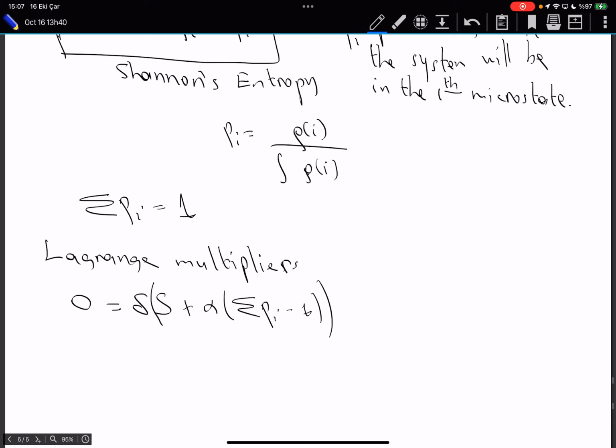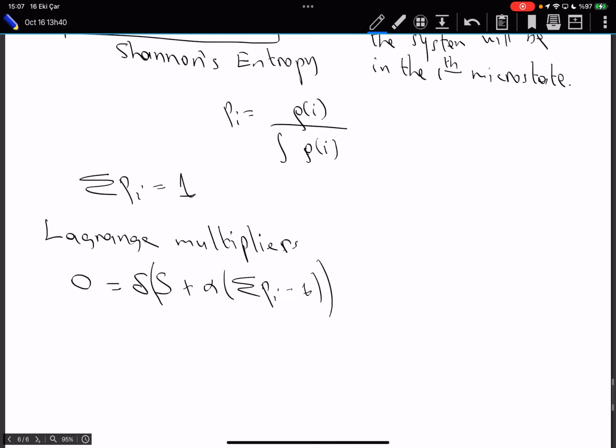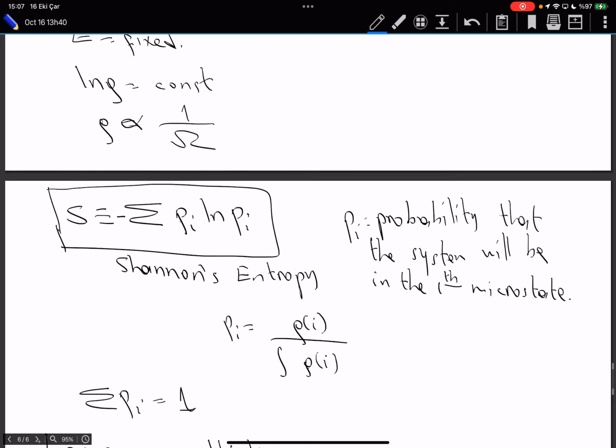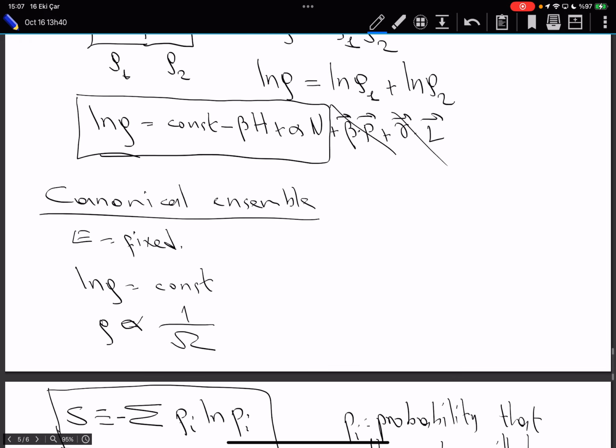Basically, I'm adding one more degree of freedom to my problem, so that my variables are independent of each other now, and I choose that single variable so that my constraint will be satisfied. Well, I'm sure what we said, energy is fixed, but in canonical ensemble, energy is not fixed. Sorry, microcanonical ensemble.